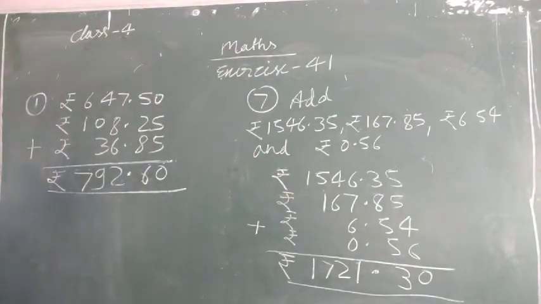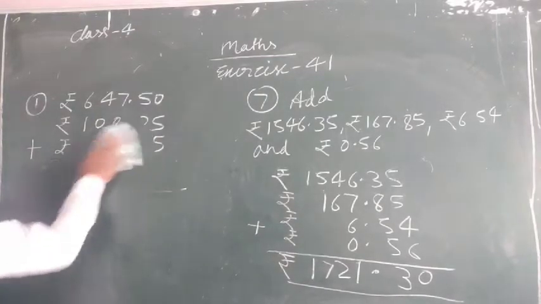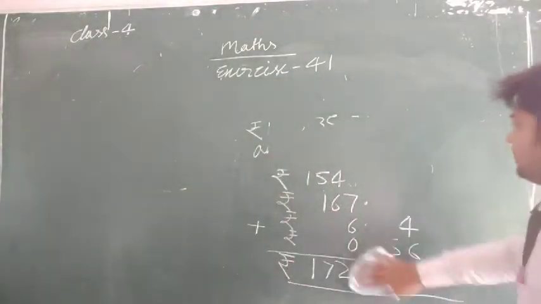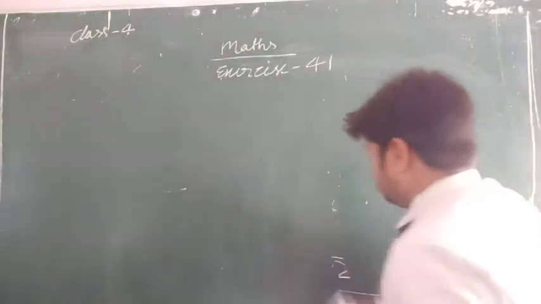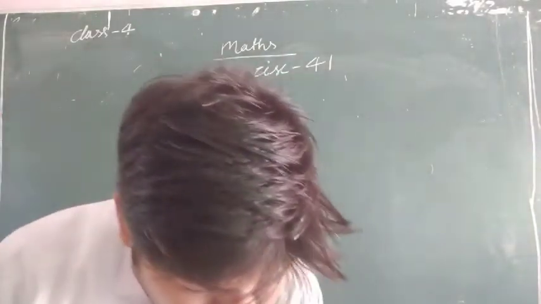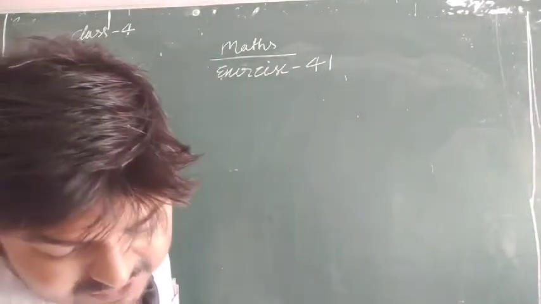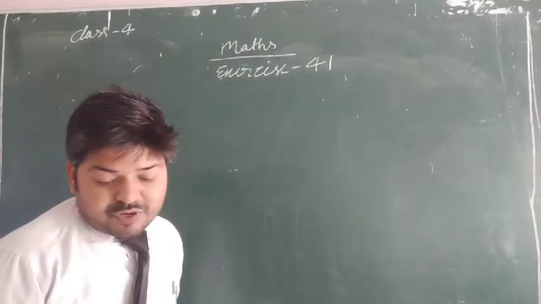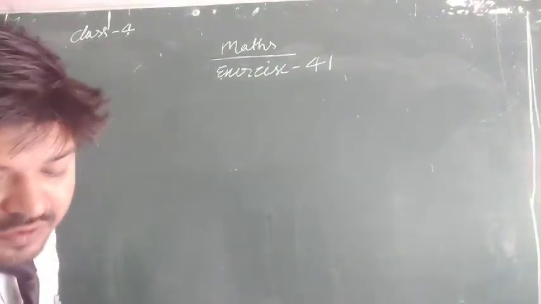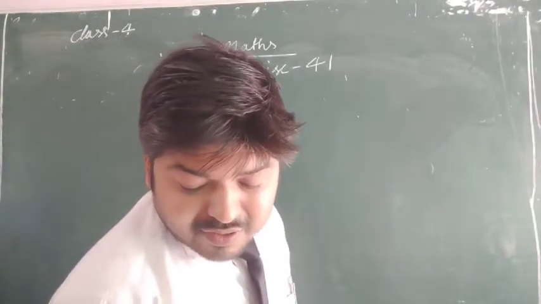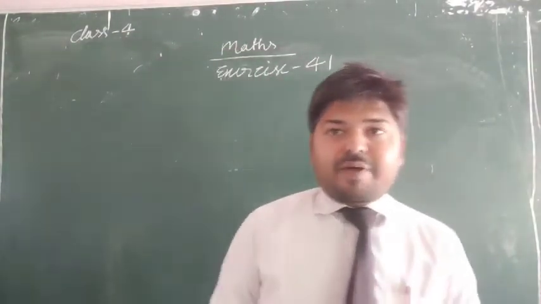Now I am going to tell you question number 8. Question number 8 is this: Meera buys a pencil for rupees 6.40, an eraser for rupees 8.65 and an ink pen for rupees 57.75.